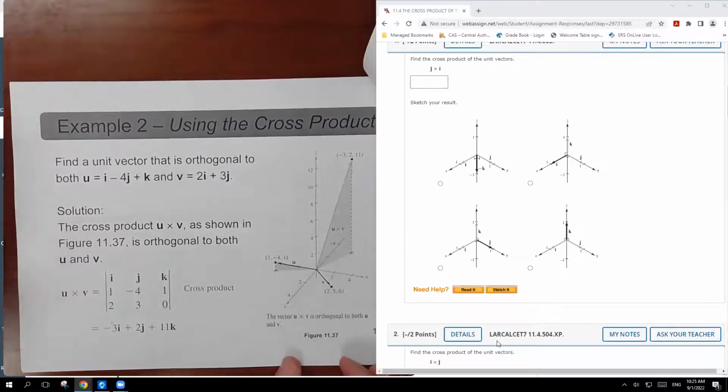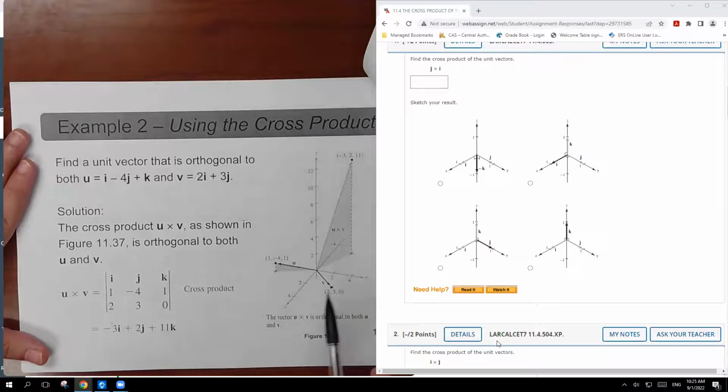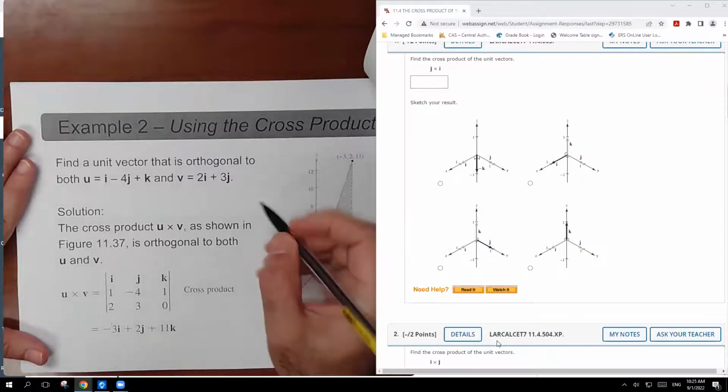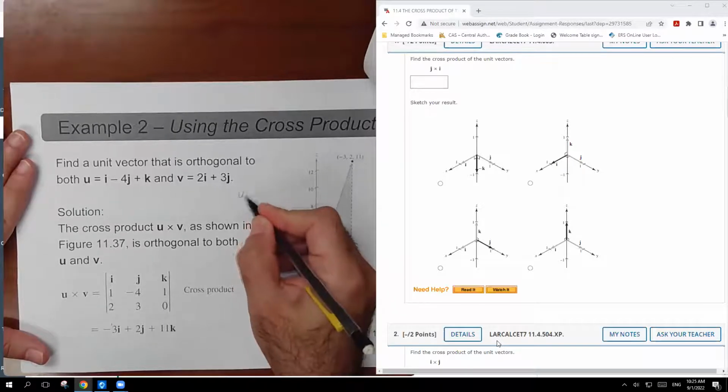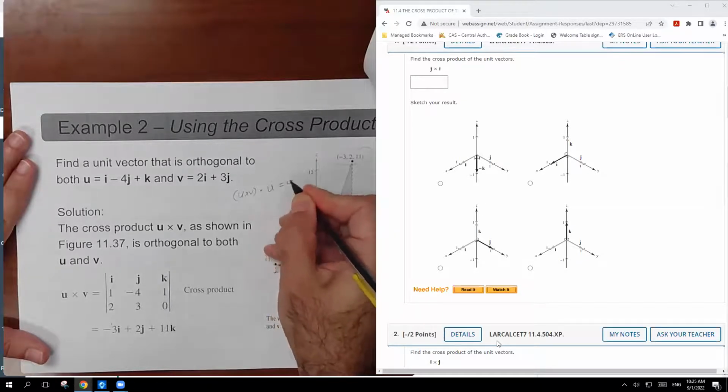Now, here's the question. How am I going to check it's orthogonal to U and V? I'm going to find the cross product. Perfect. So I have U and V, and I found the cross product. They're saying that the cross product is always orthogonal to U and V. So if you do the dot product between the cross product and U, the result is always 0.